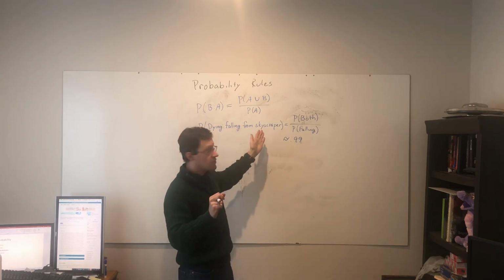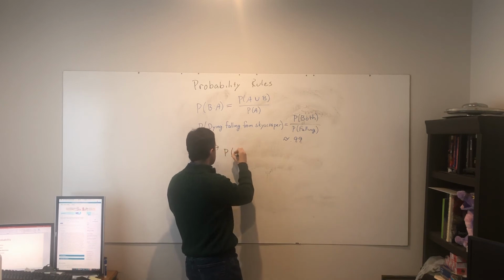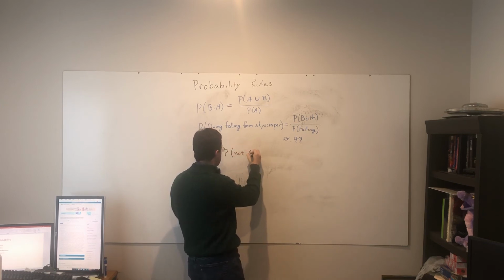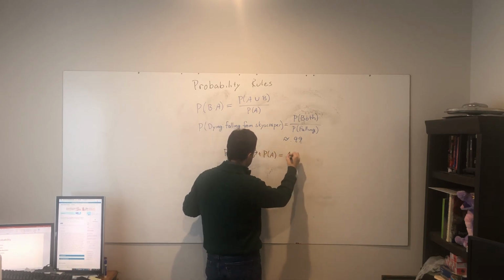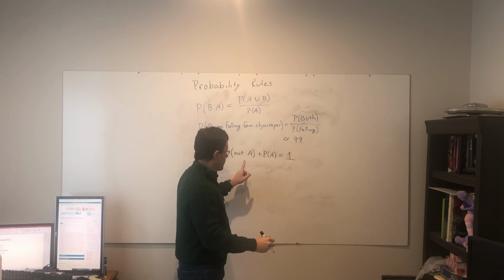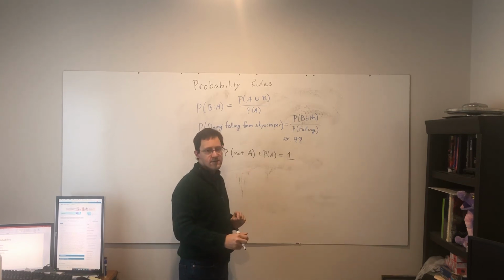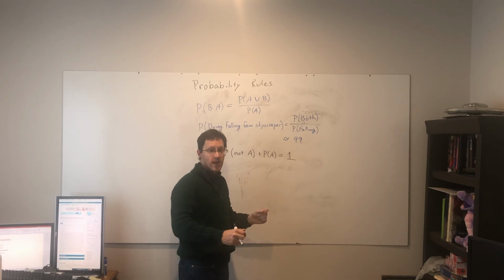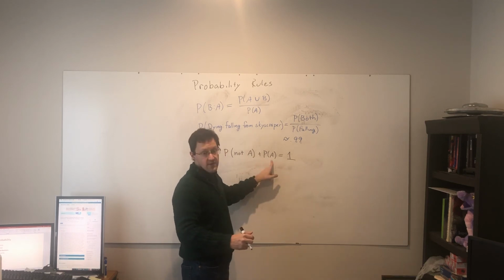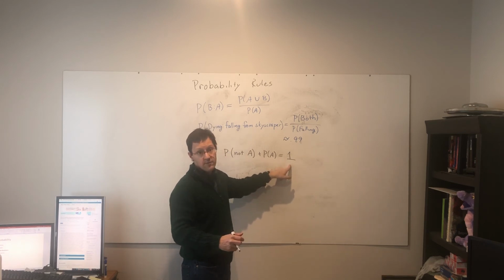As here, either you live or you die. The probability of A not happening in that event, or the probability the outcome of the event is something that isn't A, plus the probability that the outcome is A, must equal 1 or 100%.